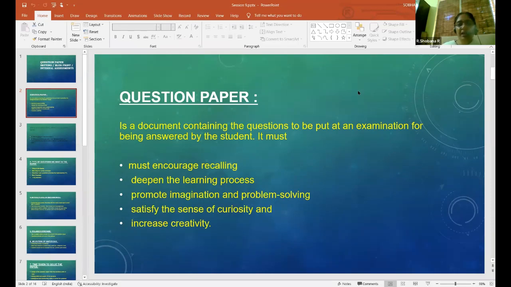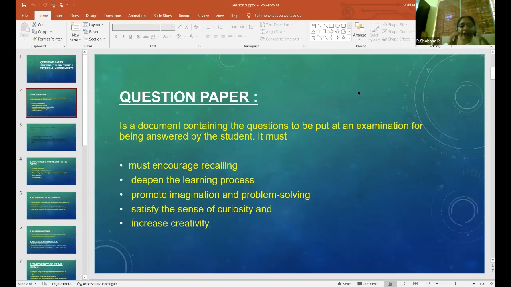It must encourage recalling. All the concepts that we have taught in the class must be recalled by the student when they read the questions in the question paper. We should not use words that are totally new to the student while referring to the same concept.